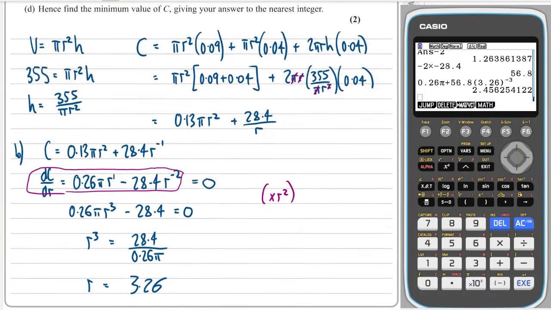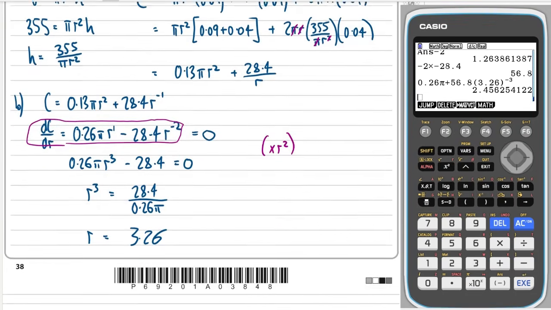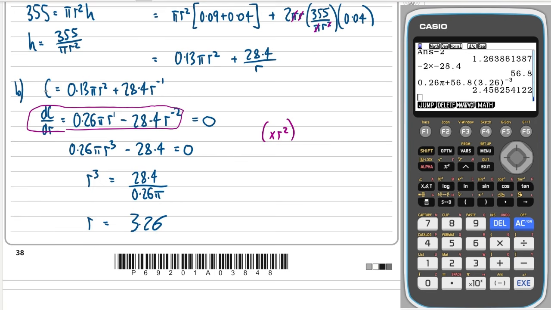Great. And then part D, it says hence find the minimum value of the cost. So what we're going to need to do here is sub the r value which we found back into the cost formula right here.